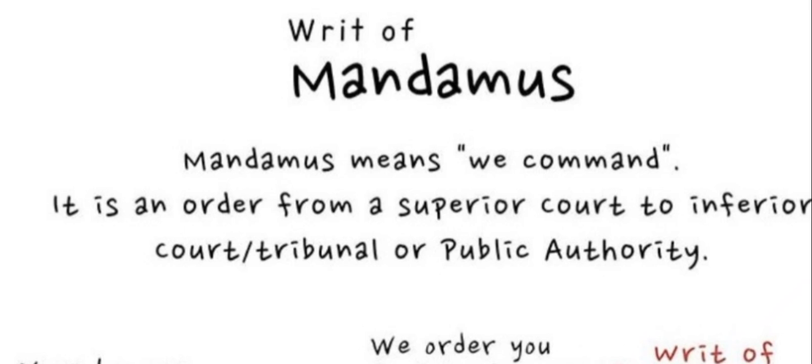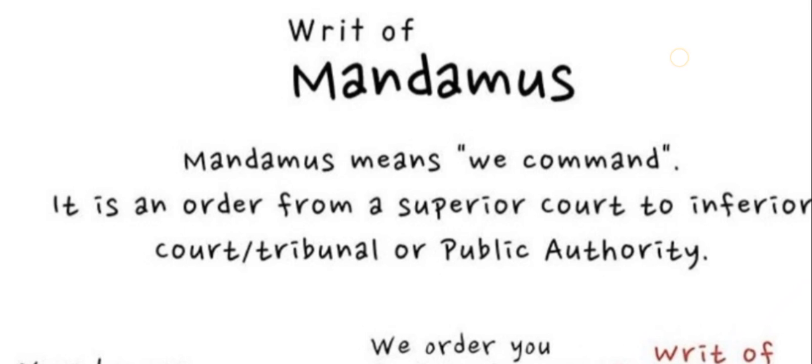Whenever a public official is not performing his official duties, the court will ask and command him to perform those duties. For example, if any public authority fails to perform its functions, the court will command it to perform them. So this is the command. Command means mandamus.